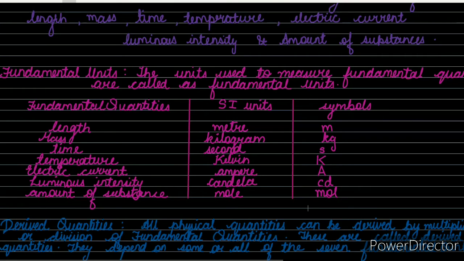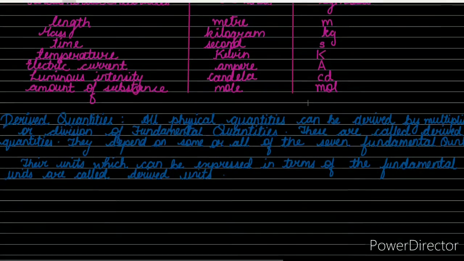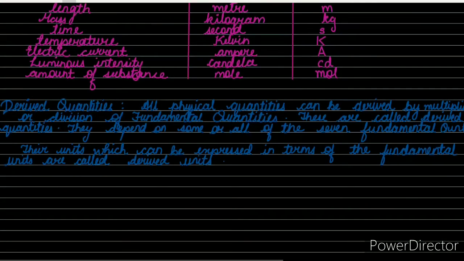So let's move ahead and talk more about derived quantities. Derived quantities are those physical quantities that can be derived by multiplication or division of fundamental quantities. It means that we need fundamental quantities to learn about derived quantities. These are quantities that are completely dependent on fundamental quantities.